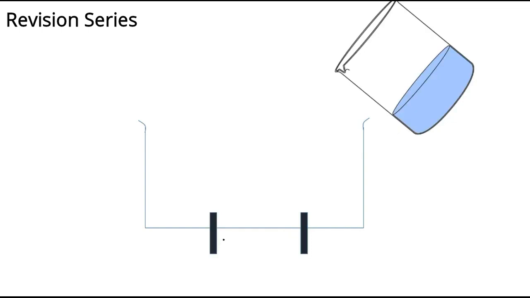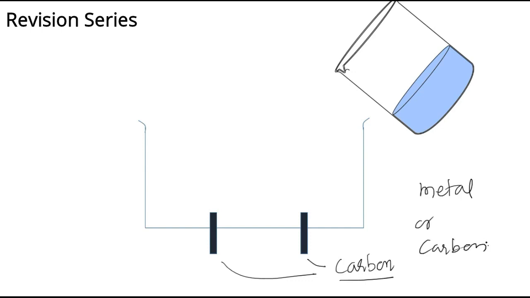Either you can take metal rods or carbon rods, right? And why carbon rods? Carbon is also a good conductor of electricity. Either you can take a metal or carbon, or a graphite rod, okay, and then pour water inside.